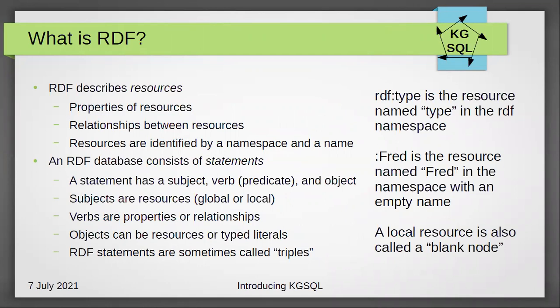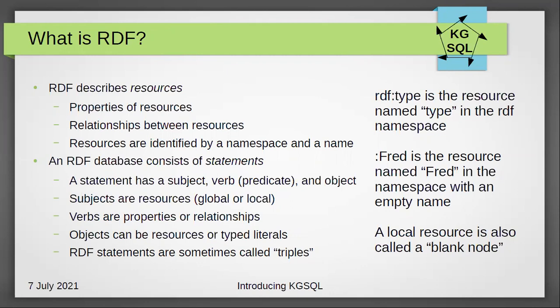A statement is a subject, verb, and object, and they sometimes refer to them as triples because of the three parts. The subjects are resources, which can be global or local. The verbs are properties or relationships, and objects can be resources or typed literals.